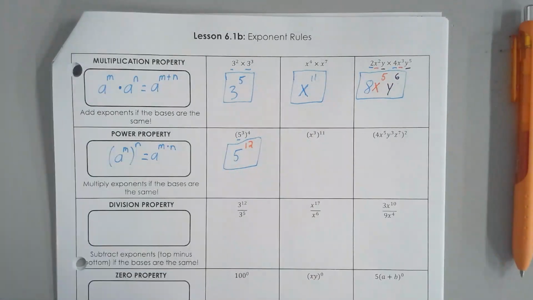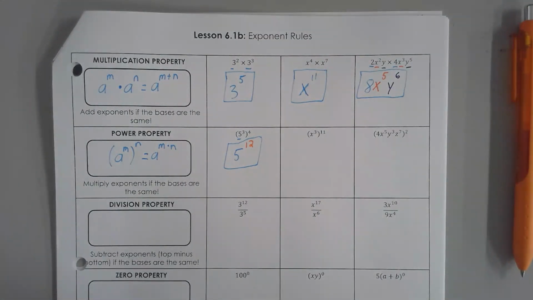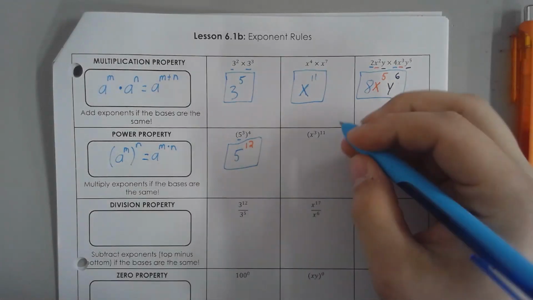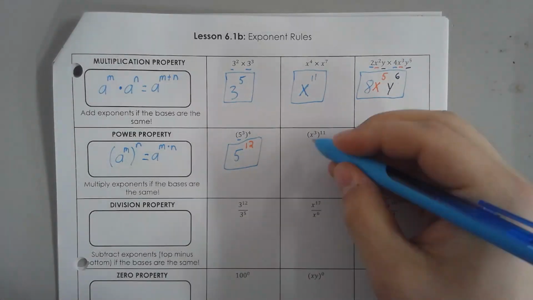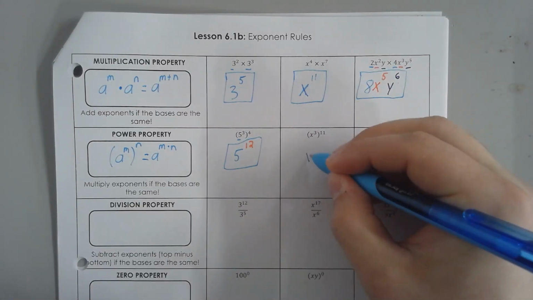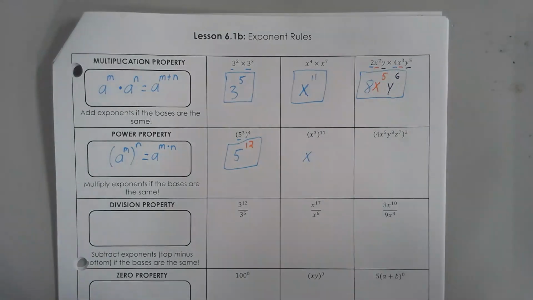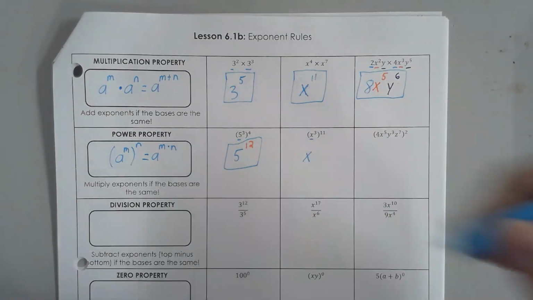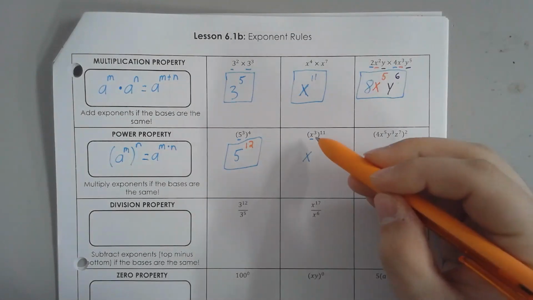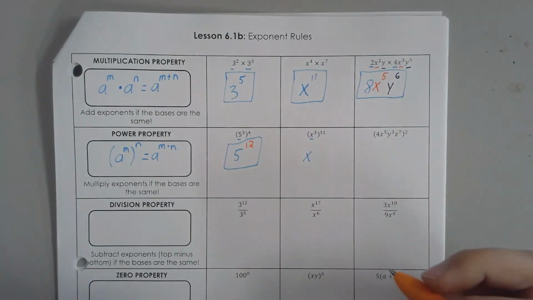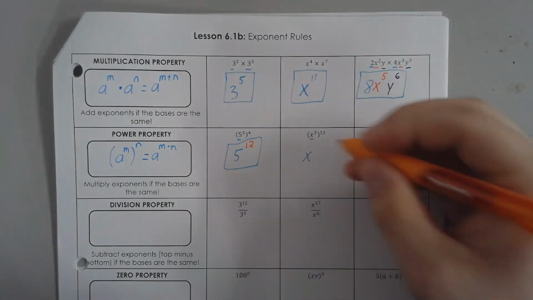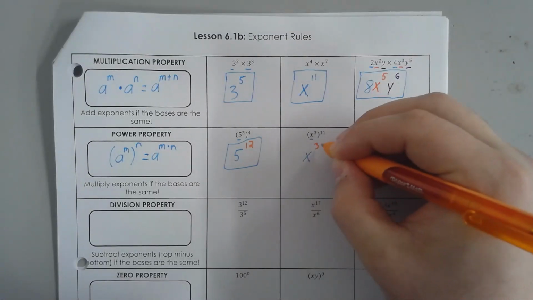And that's our answer. On the next one, our base is x. And then we've got x cubed raised to the 11th power. So 3 times 11 gives us 33.